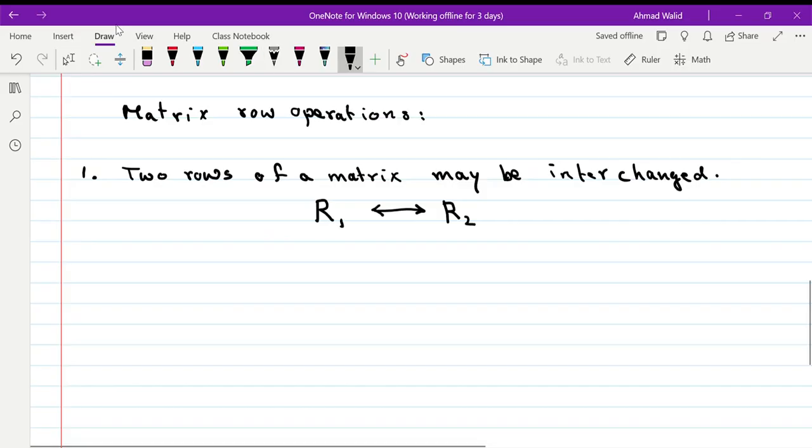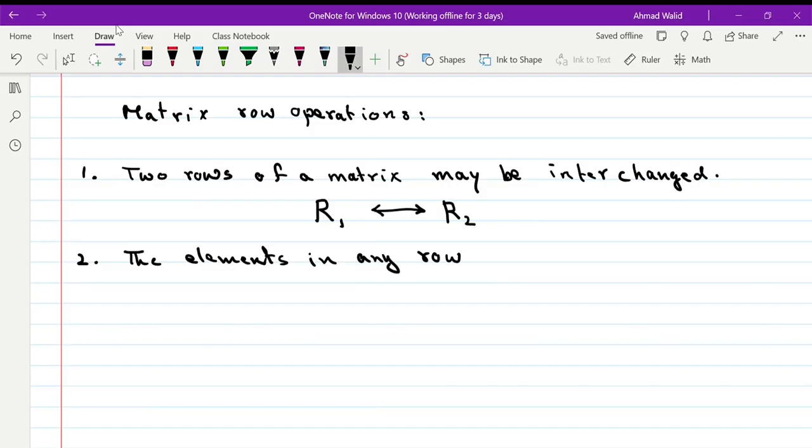Rule number 2. The elements in any row may be multiplied by a non-zero number.